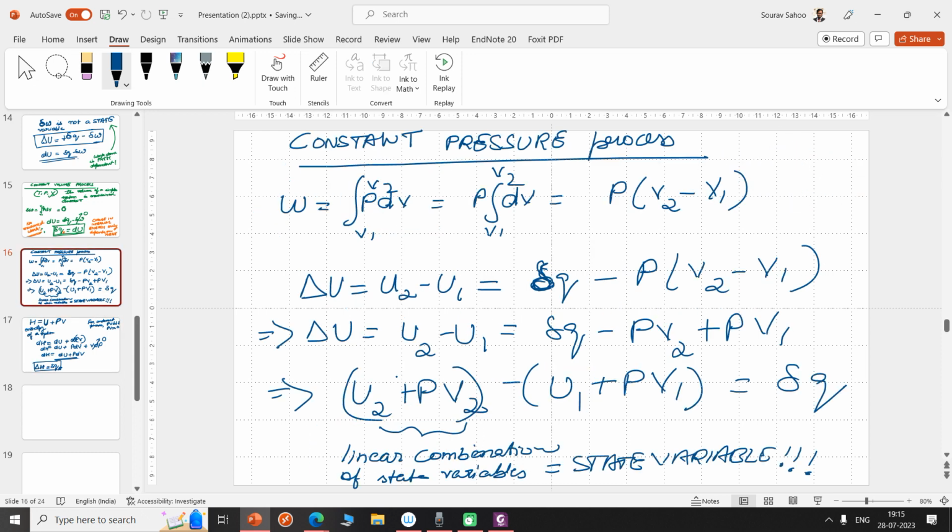Now delta H is this part. So this is H2, because you have considered this as H, so this is H2 minus H1.